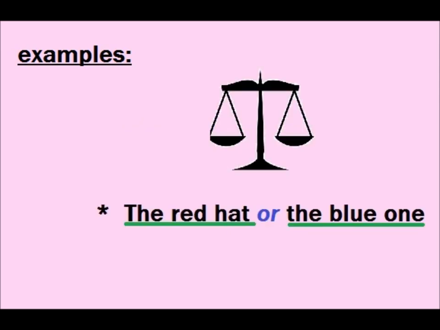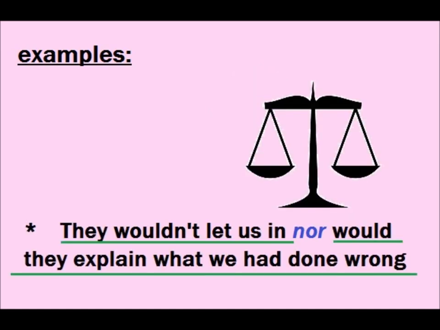The same happens in the second example. The red hat is at the same level as the blue one. And in the third example, we can see this balance again. They wouldn't let us in is at the same level as would they explain what we had done wrong.